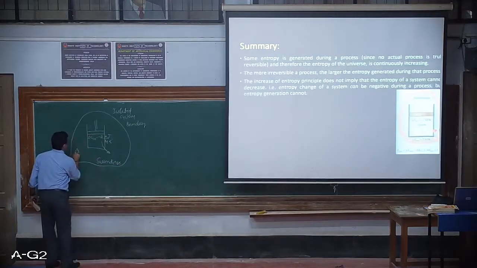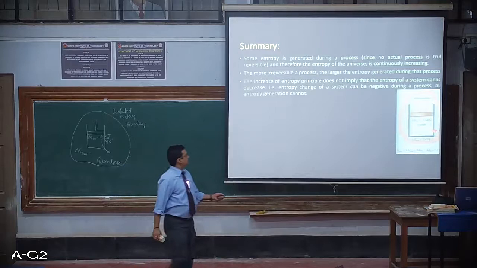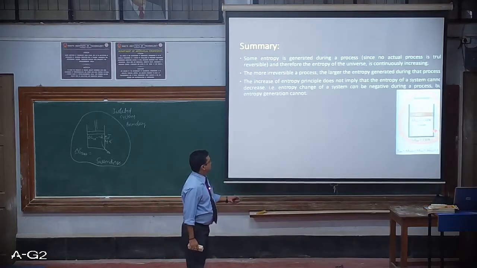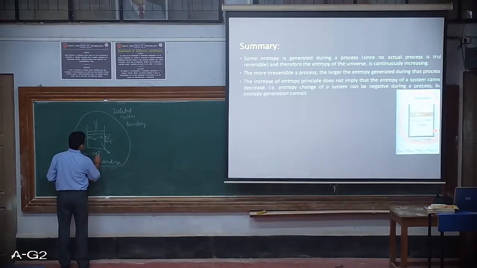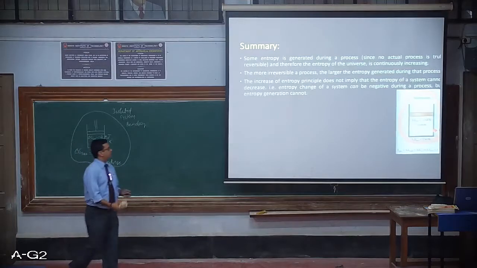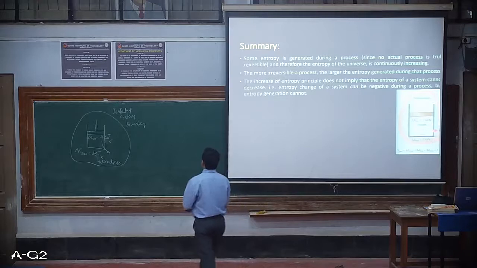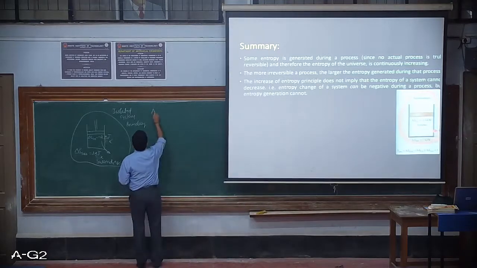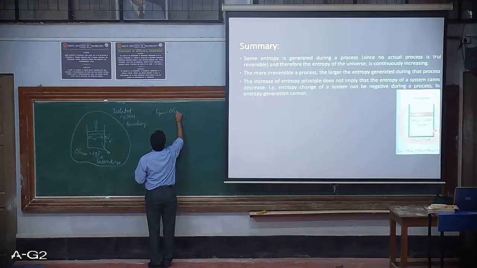So this delta S of the surroundings has some value, which is already given there. Delta S of the surroundings is, let's say, 3 kilojoule per Kelvin. So in such a condition, if I calculate what S_gen is, S_gen is equal to delta S total.